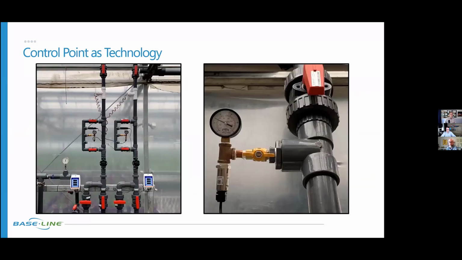But in the real world, right, here's a couple of installations that you were involved in, Andy. What have we got on the one on the left? Yeah, so the one on the left has, think of it like 2 water sources, I believe, and this was a large growing operation.